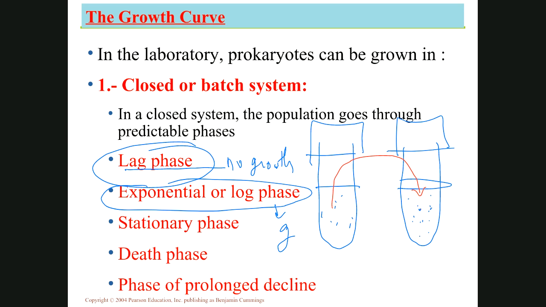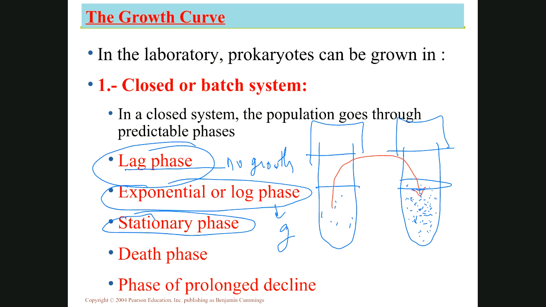They're going to grow very quickly, and as that phase continues and nutrients are depleted and waste begins to accumulate, the population will slow down and will enter stationary phase, where the growth is leveled off.